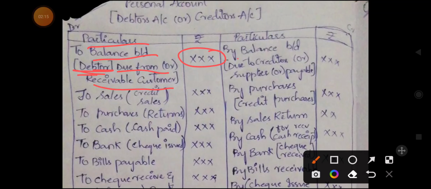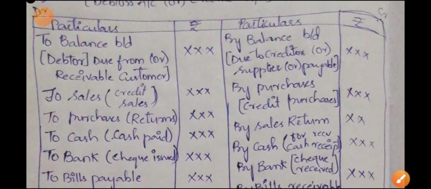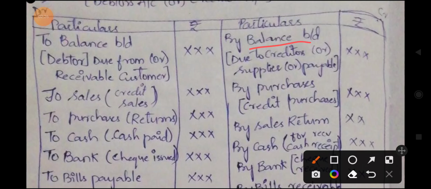Similarly, if the balance is due to a creditor or supplier, or the amount is payable, if this is given in the question, we write by balance brought down on this side. If it is receivable, debit.